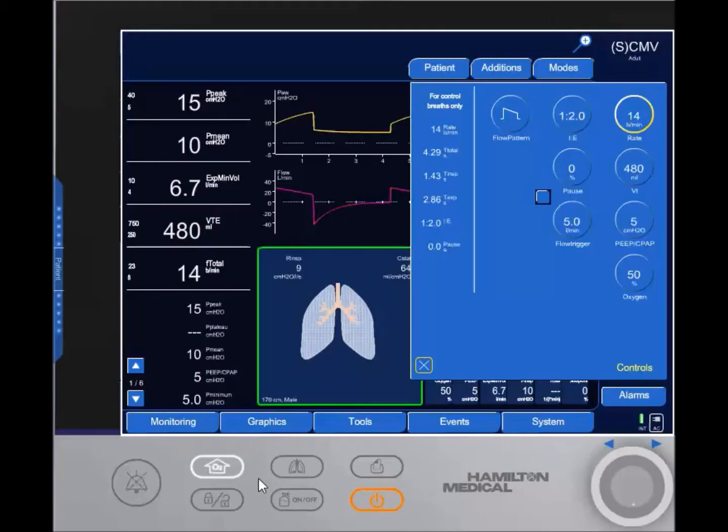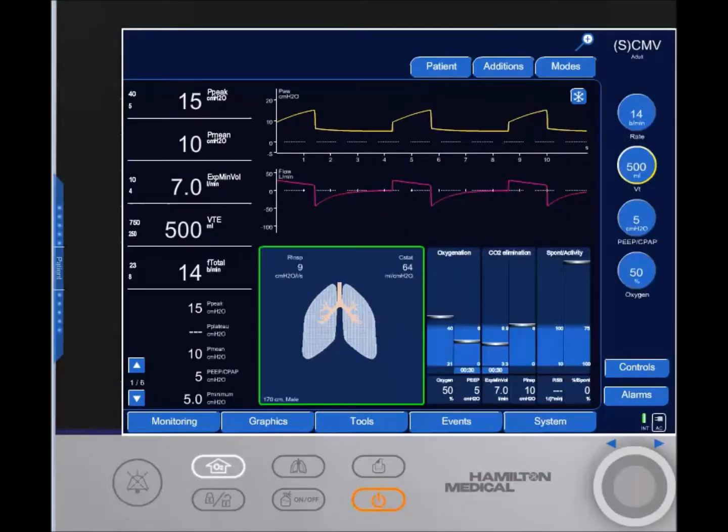Well, let's find out. To achieve this capability, there are some features with certain modes of mechanical ventilation where it lets the ventilator actually set the inspiratory pressure to achieve the target tidal volume. So here's my example. We have the tidal volume, which was manually inputted at 500 milliliters.